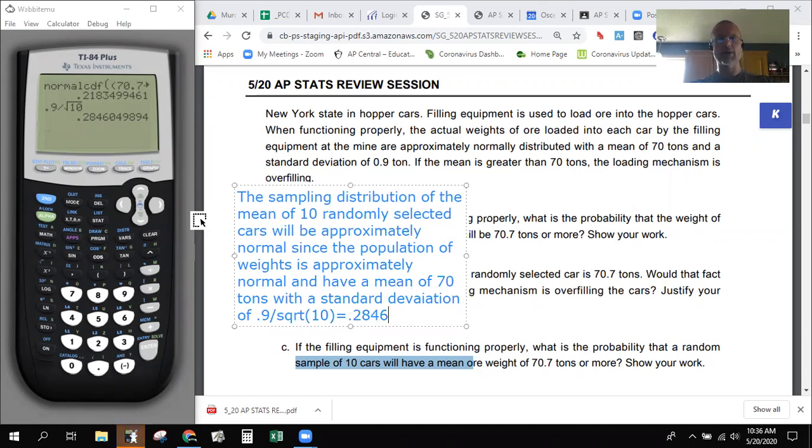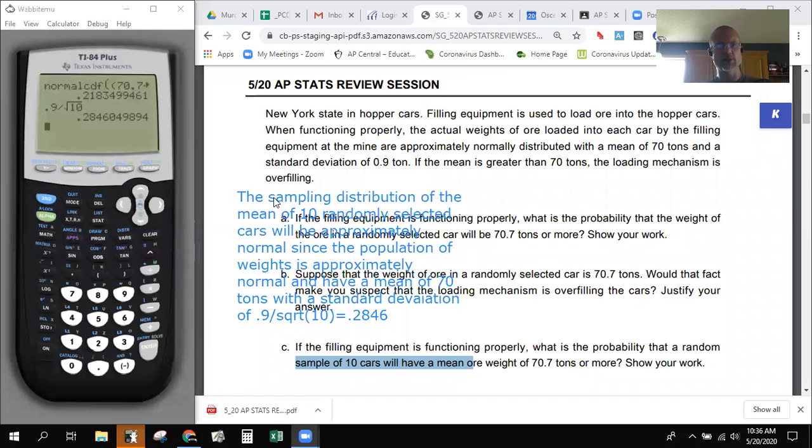So now what I would do is, I'm not going to do it right now, but I would draw this sampling distribution, and I would put 70.7 in there, and I would shade to the side. We'd have to show the z calculation and everything, but I guess I should do that.